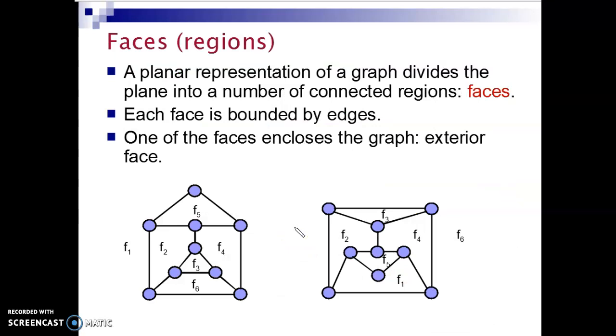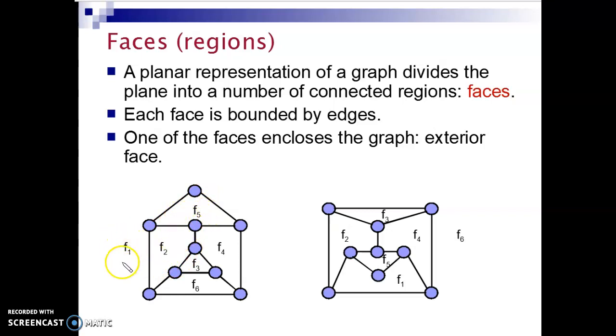Let's define the faces. Faces or regions are defined on a planar representation of a graph. When you have a planar graph like here on the left side, it divides the plane into a number of connected regions, and those connected regions, like here or here, we call faces.